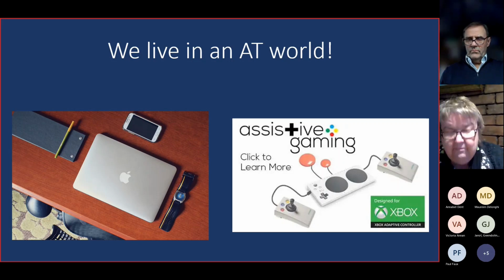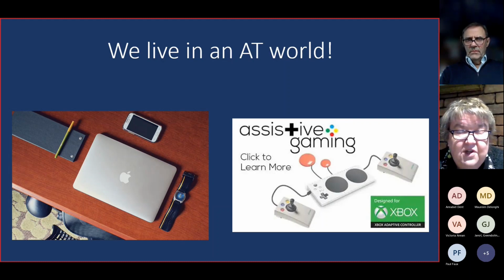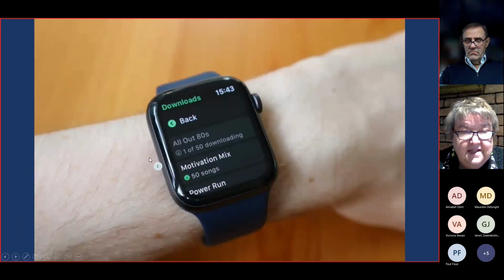And some of it is very specialist. So, for example, the beautiful Xbox controlling device is a specialist device. It's not something that every Xbox user is going to have. Having said that, there are accessibility features just there within. So it's about an AT world, but we also have things that just happen.